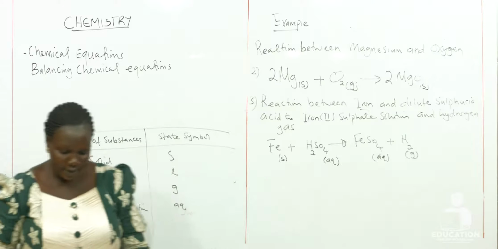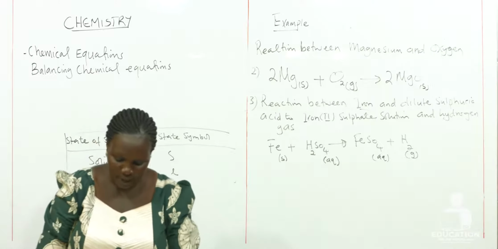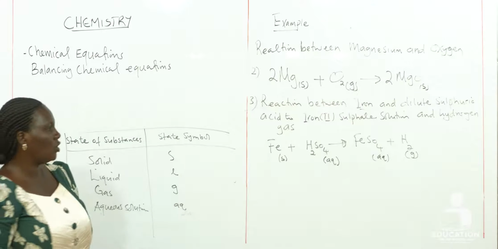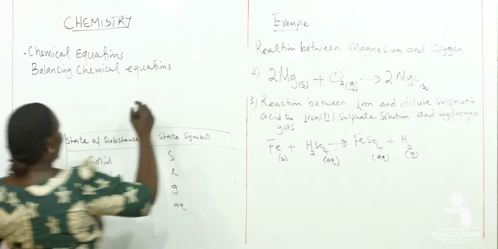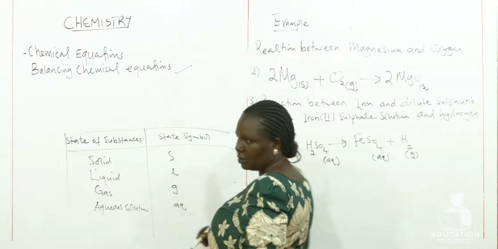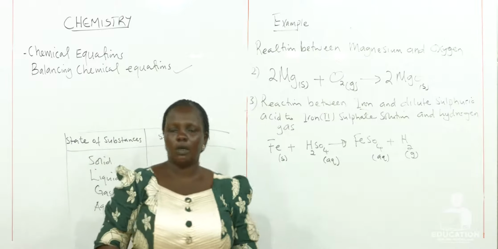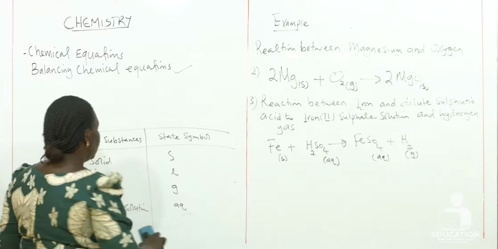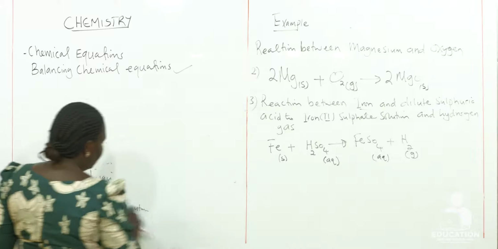So when writing chemical equations, we must ensure that the chemical equations are balanced. So this is where we come to the point of balancing chemical equations, because if chemical equations are not balanced, the equations will not be correct. So let us see how we balance chemical equations.